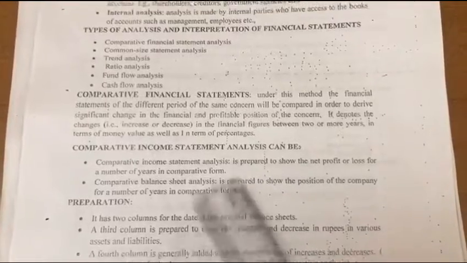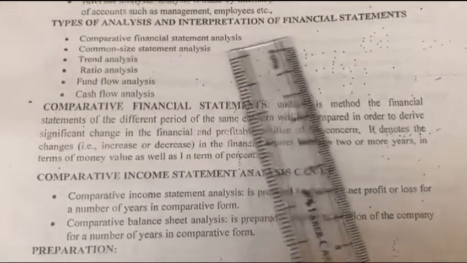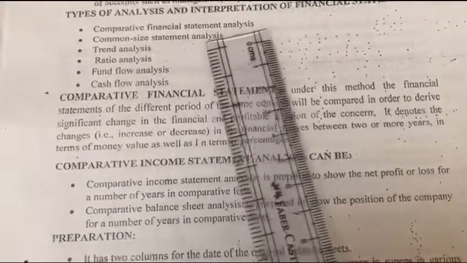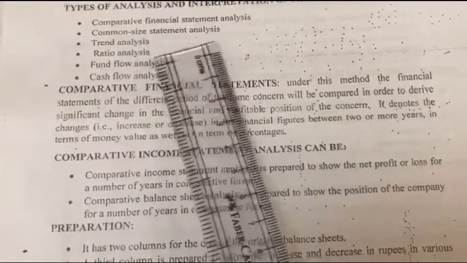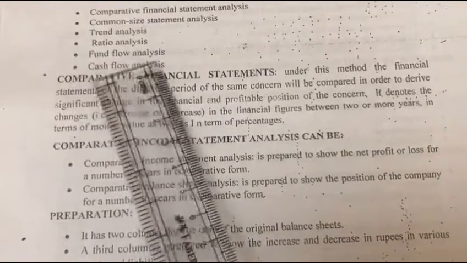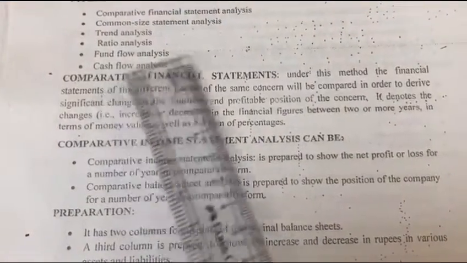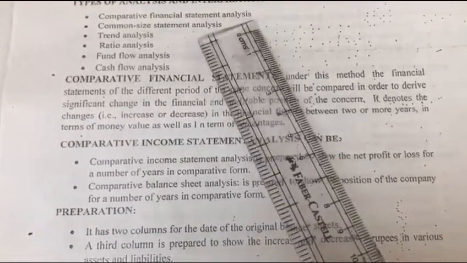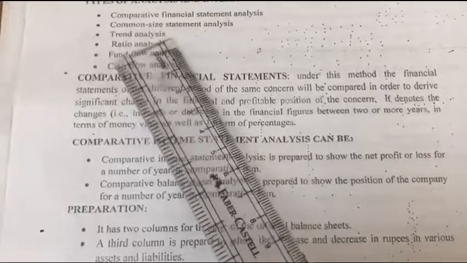Now I will be discussing the types of analysis and interpretation of financial statements. The first one you have is comparative financial statement analysis, common size statement analysis, trend analysis, ratio analysis, fund flow analysis and cash flow analysis. In this unit we are going to study comparative financial statement analysis, common size and trend analysis.